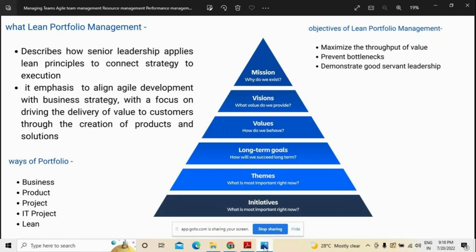Now, what are the different objectives we have in lean portfolio management? Because objectives are what we want to achieve through the implementation of lean portfolio management. What kind of objectives we need to achieve is what is required here. Now, the objectives of lean portfolio management can be categorized into three different things.